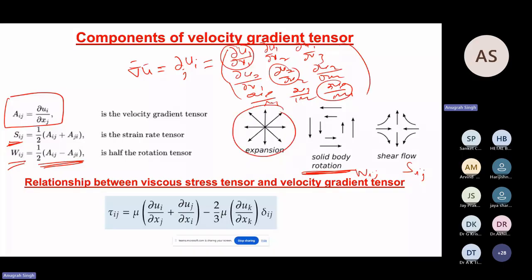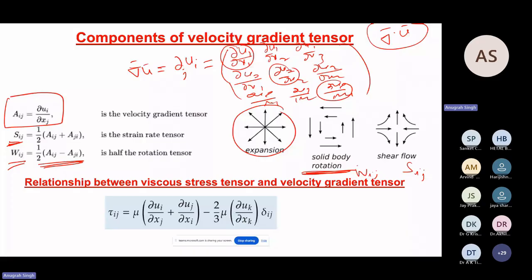So the trace will be one third of the sum of the diagonal part. And the sum of the diagonal part is nothing but del dot u. If it is incompressible, del dot u is 0. That means there is no net expansion or contraction of the fluid volume.